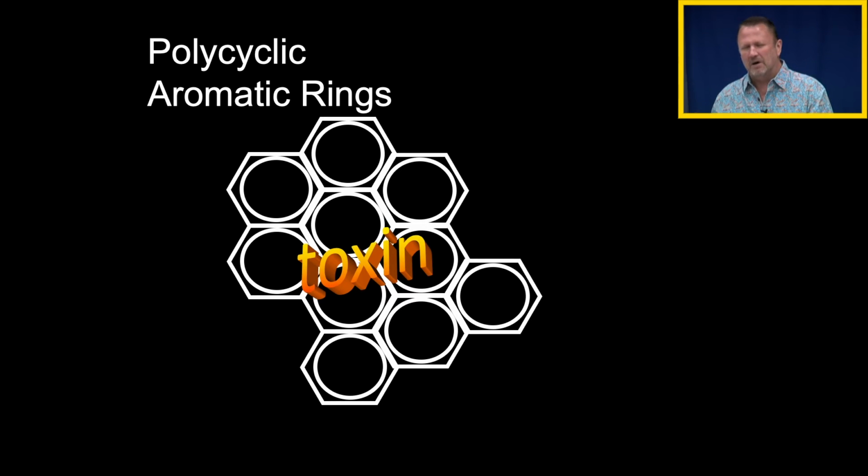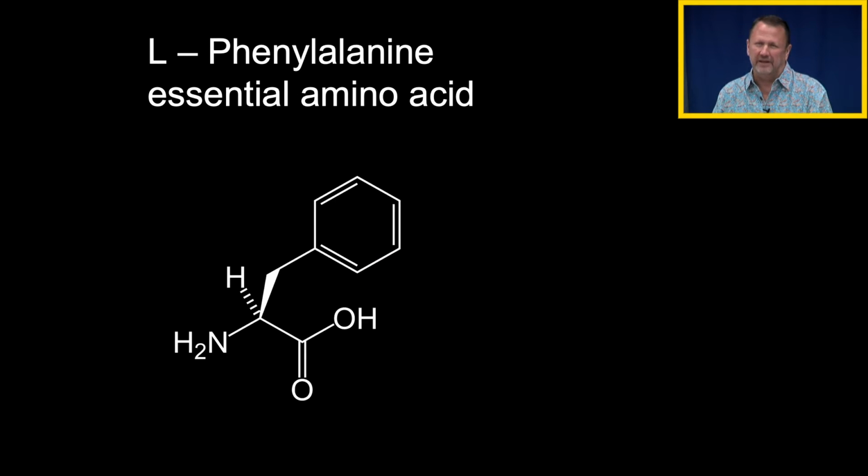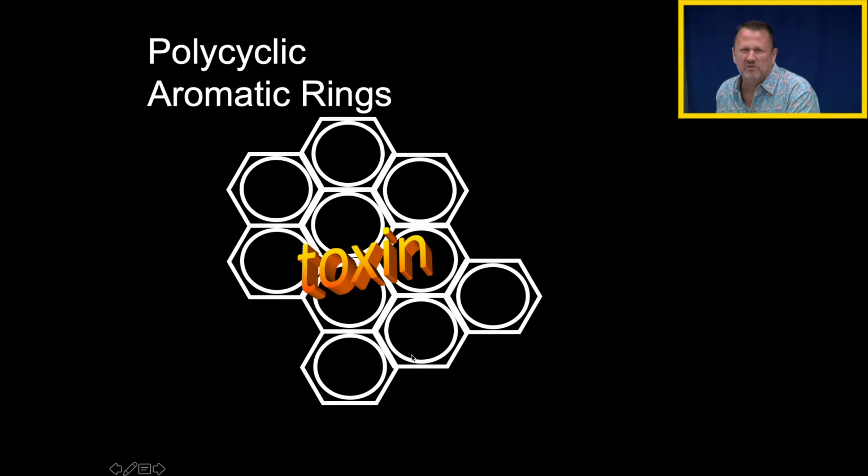But keep in mind that phenylalanine has an aromatic ring on it, and your body oxidizes it to turn it into a nutrient that we need. And so keep in mind that these chemical systems are not only trying to eliminate toxins, but transform nutrients using the same system. Like phenylalanine, it's an essential amino acid, and because of all these toxins running around with these aromatic rings, your liver sees that, and your cytochrome enzymes, they see that, and they're like, we better do something about that.